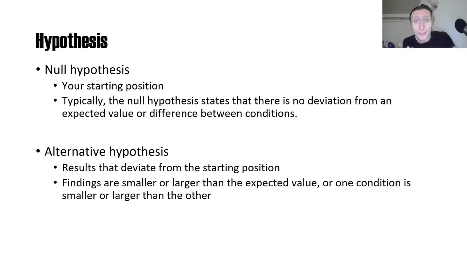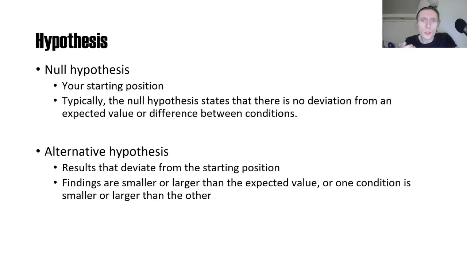Before we do any statistics, we have to define 2 hypotheses. That's first of all the null hypothesis and the alternative hypothesis. So the null hypothesis, that is your starting point. So for example, let's come back to the example with the 2 groups, a placebo group and a real medication group. Then your starting point is that there is no difference.